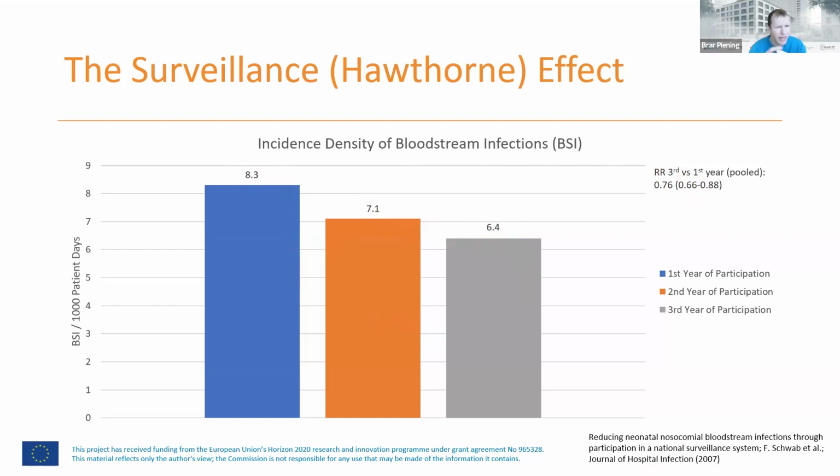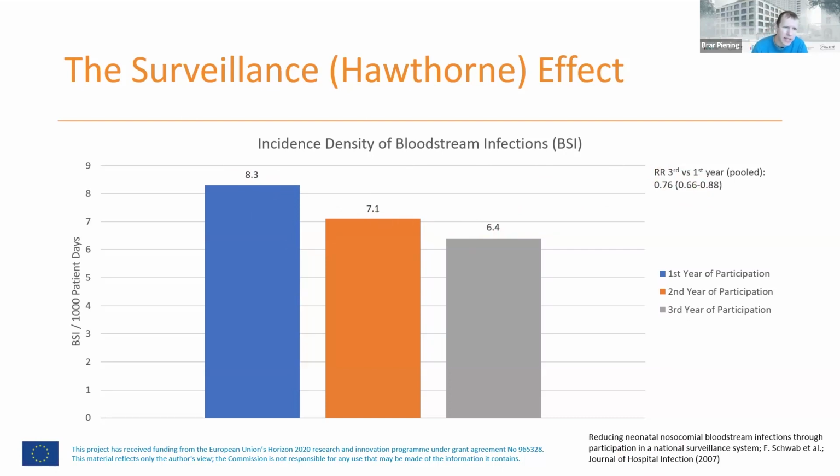And this surveillance effect, how could it work? We think it is the Hawthorne effect. So the moment you start observing numbers, people are aware of it, and people start to act differently because they know they try to improve. They know that these numbers are observed, and there are a lot of things that you can do that we can't even know as a surveillance system.